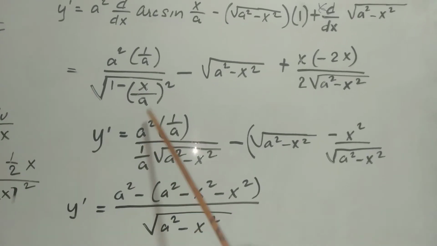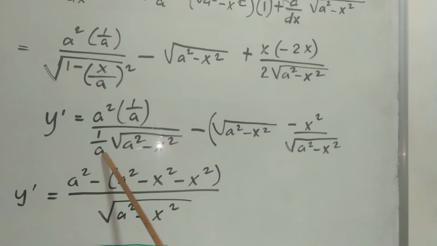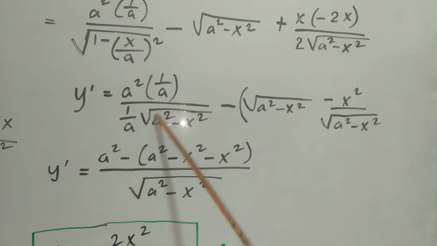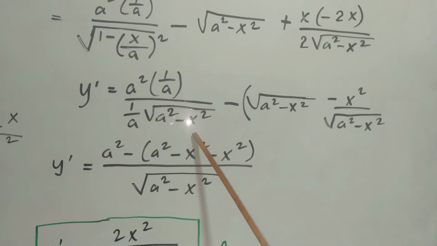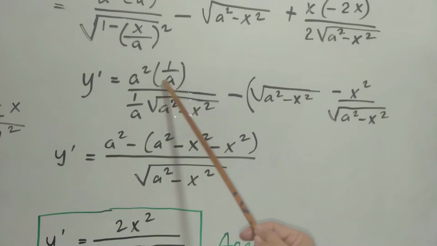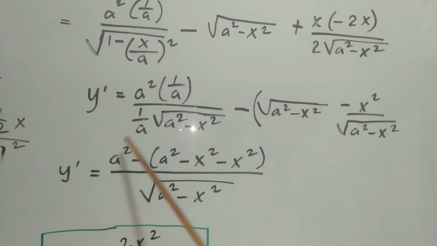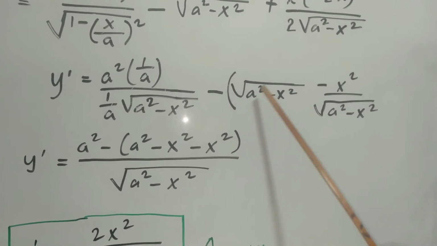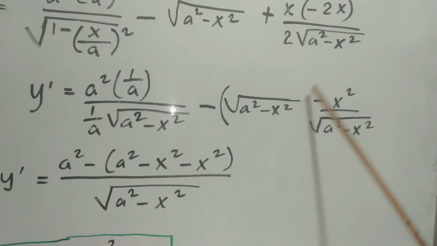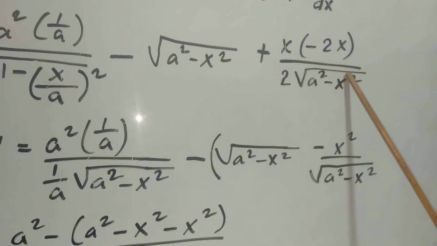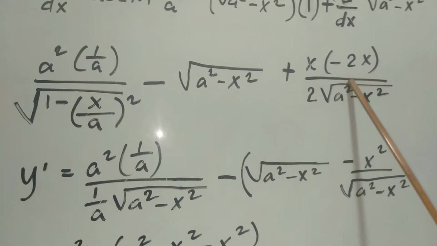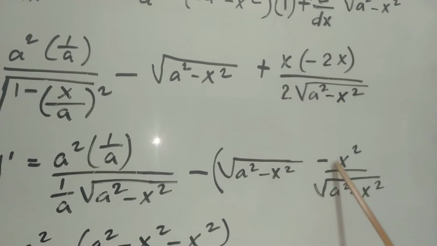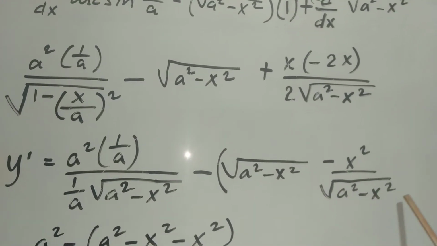The square root of 1 over a squared is equal to 1 over a, times the square root of a squared minus x squared. As you can see, we can cancel this one now, since they are the same. Minus, this one is the square root of a squared minus x squared, and this one becomes negative 2x squared over 2, so we cancel out 2 here. What remains is negative x squared over the square root of a squared minus x squared.